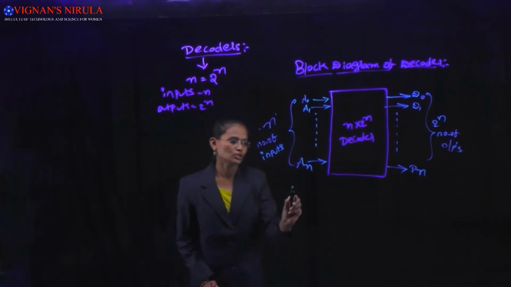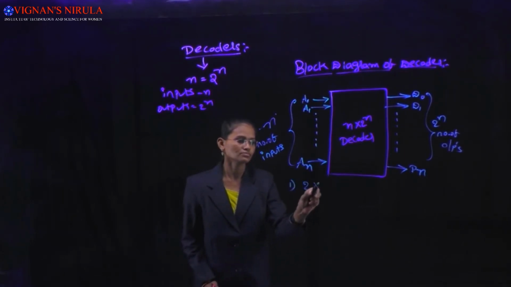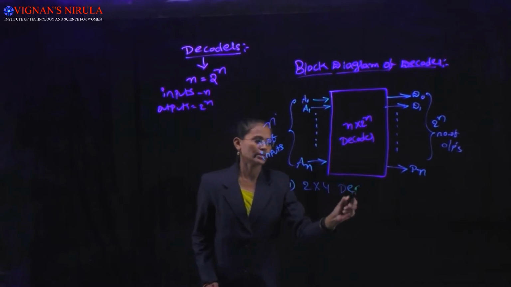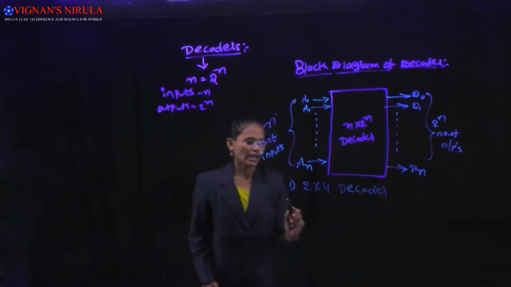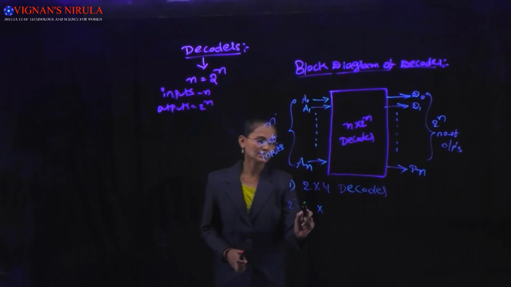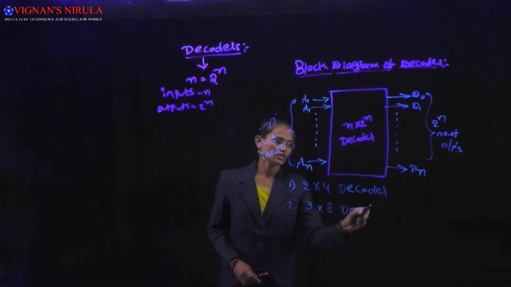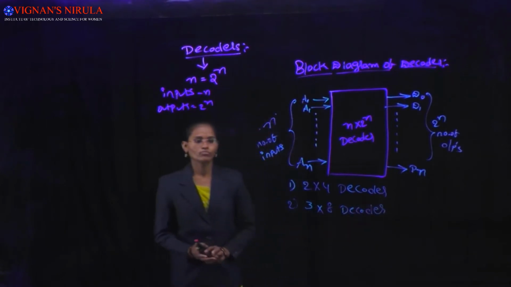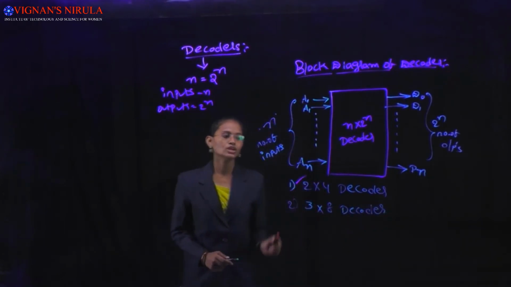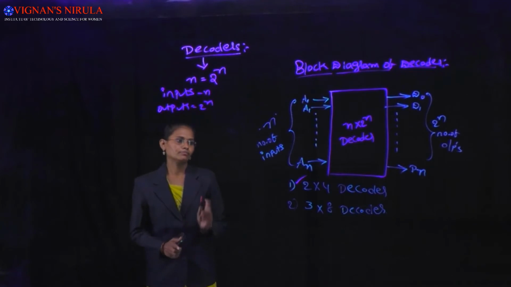In decoders, the first one is the 2 to 4 decoder and the second one is the 3 to 8 decoder. I will explain the first one, 2 to 4 decoder.